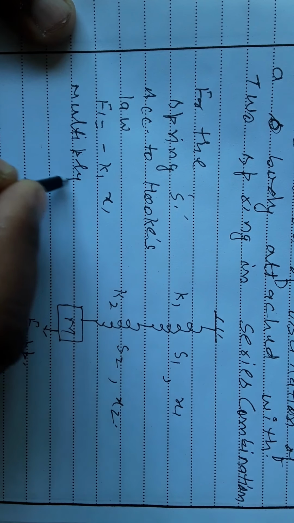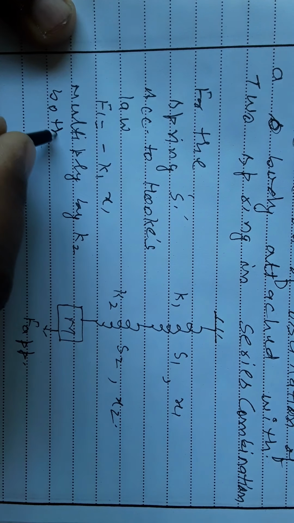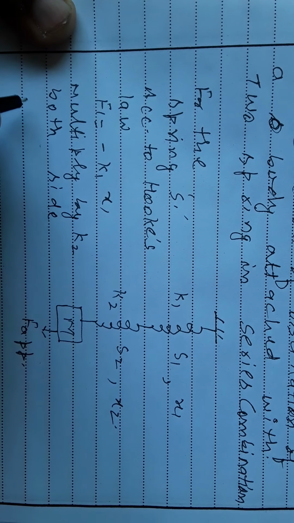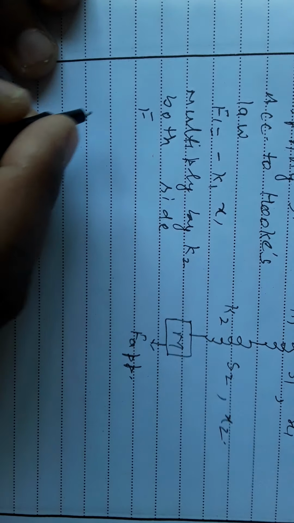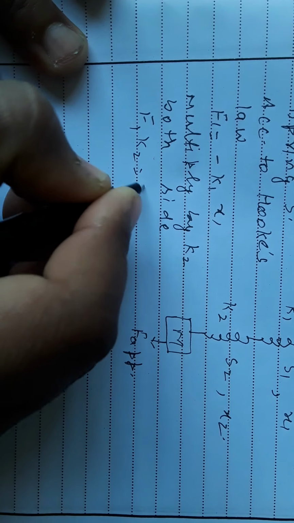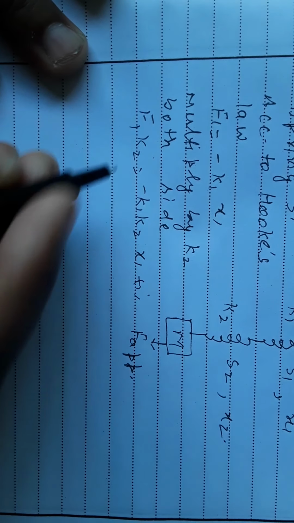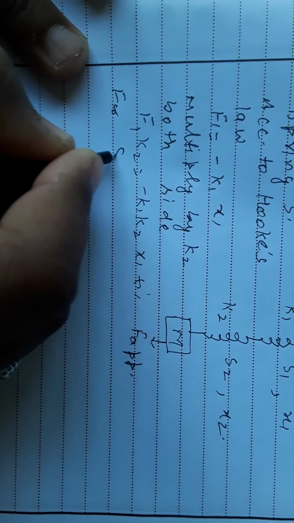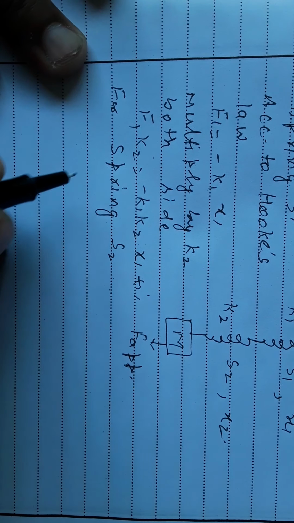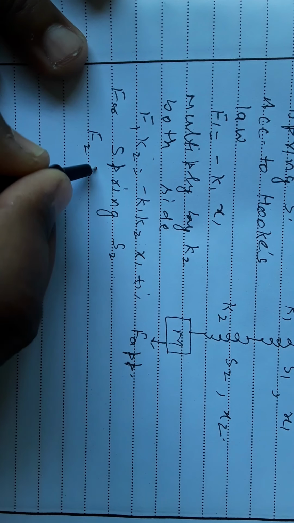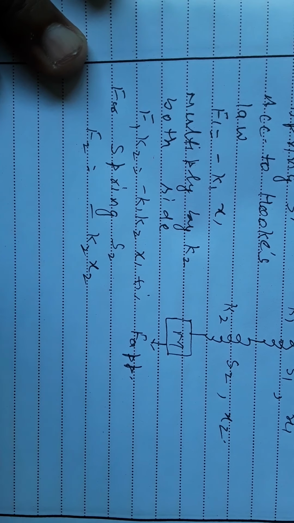Multiply by K2 both sides. So it is F1 K2 = -K1 K2 x1, equation number first. For spring S2, we can write F2 = -K2 x2 according to Hooke's law.